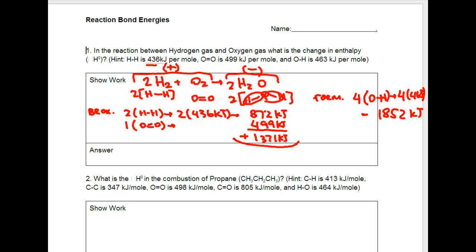So 1371 kilojoules minus 1852 kilojoules, you're just finding the sum, is negative 481 kilojoules for this reaction.